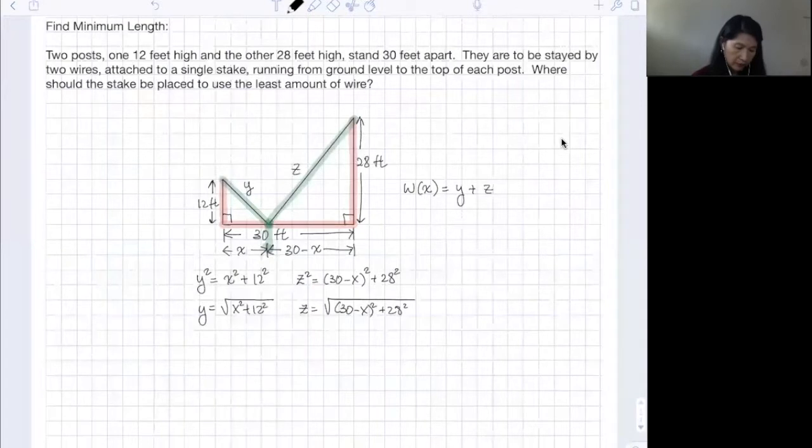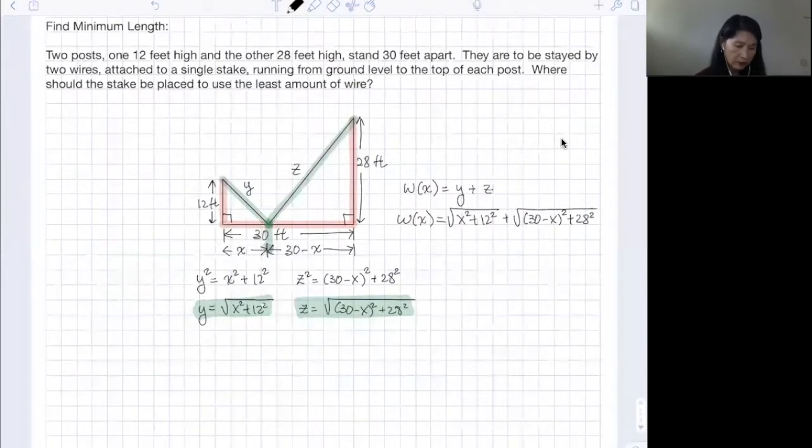All right, now that we have an expression for Y and for Z, we can write the length of the wire as a function of X. The length of the wire as a function of X is the square root of X squared plus 12 squared, plus the square root of (30 minus X) squared plus 28 squared.